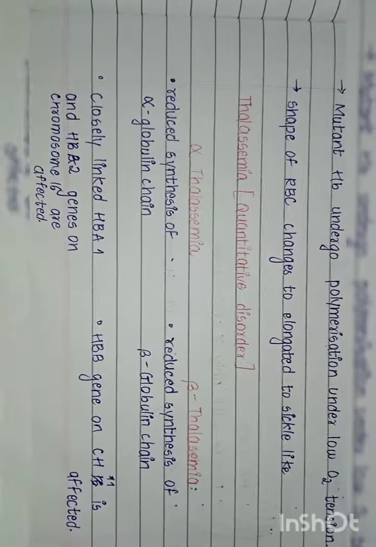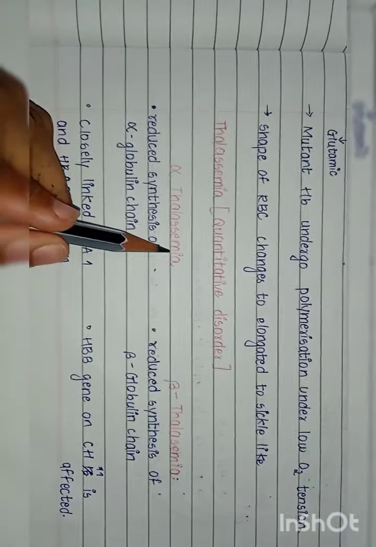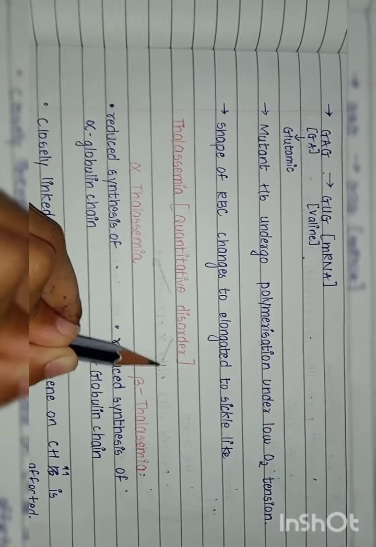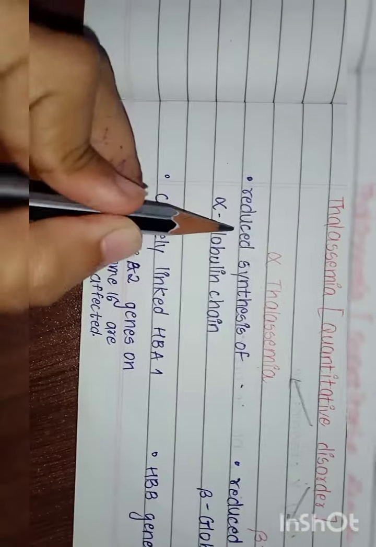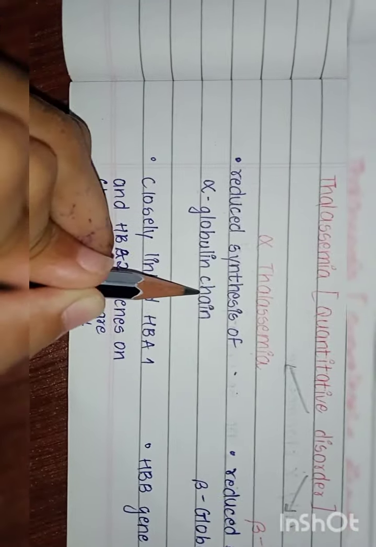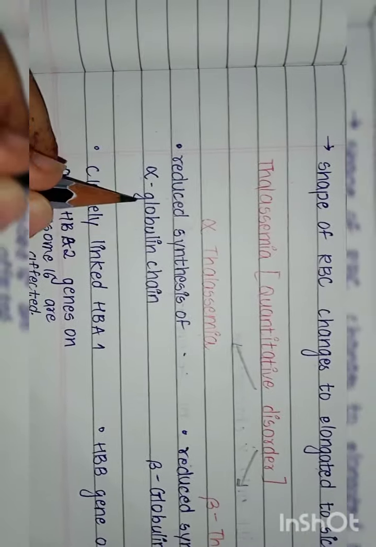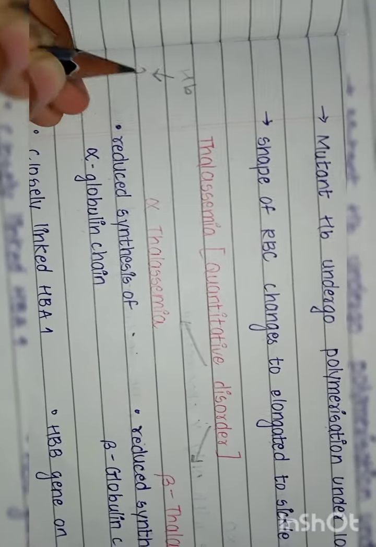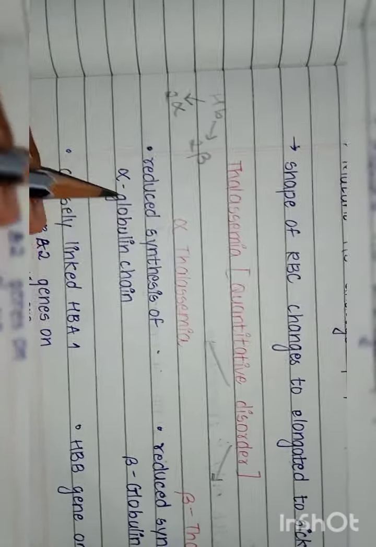Now let us see thalassemia. Thalassemia is a quantitative disorder. There are two types, alpha thalassemia and beta thalassemia. Alpha thalassemia is reduced synthesis of the alpha globin chain. Hemoglobin is made up of 2 alpha and 2 beta globin chains.